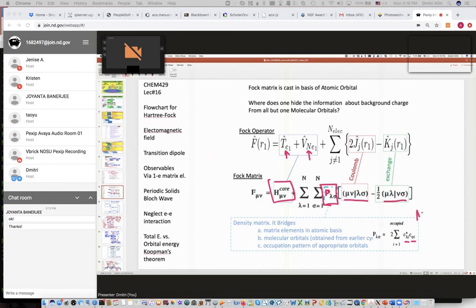So a molecular orbital is a coefficient, I'm skipping summation and indices, times atomic orbitals. And since in each interaction we have pairs of molecular and atomic orbitals, we need to have this C coefficient twice, in the second power.